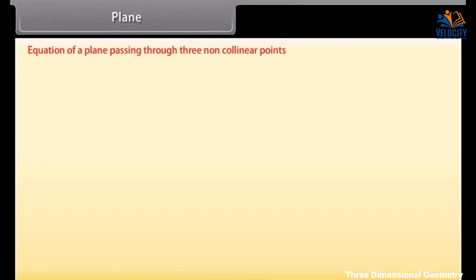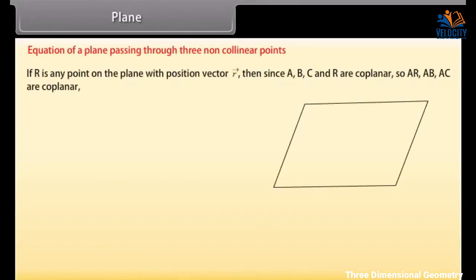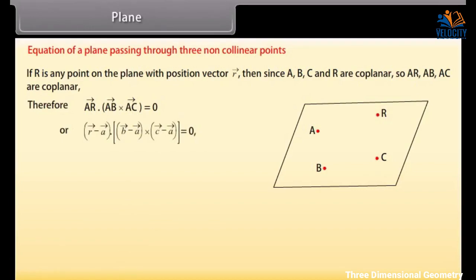Equation of a plane passing through 3 non-collinear points. If R is any point on the plane with position vector r, then since A, B, C, and R are coplanar, AR, AB, AC are coplanar. Therefore, dot product of vector AR and cross product of vector AB and vector AC equals 0, or dot product of vector r minus vector a and cross product of vector b minus vector a and vector c minus vector a equals 0.